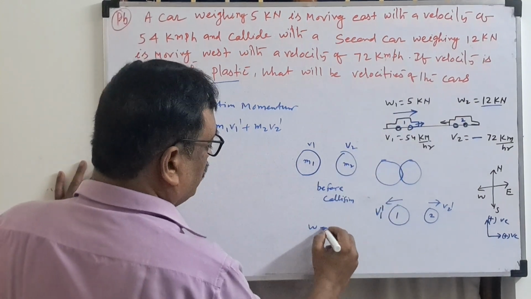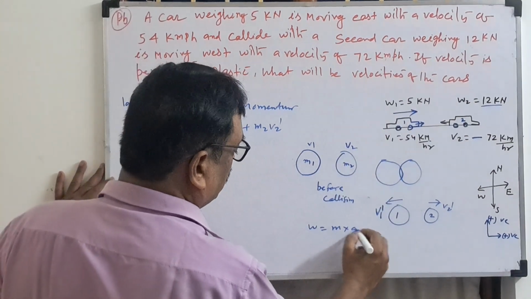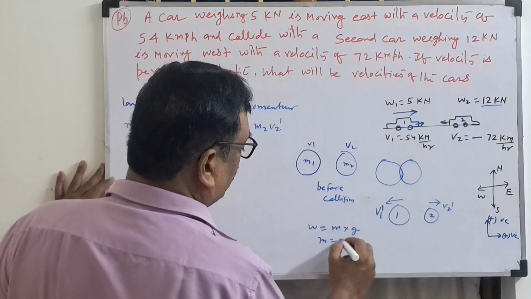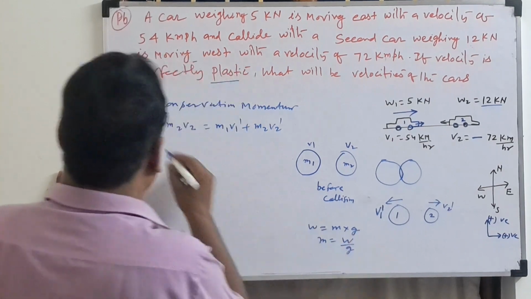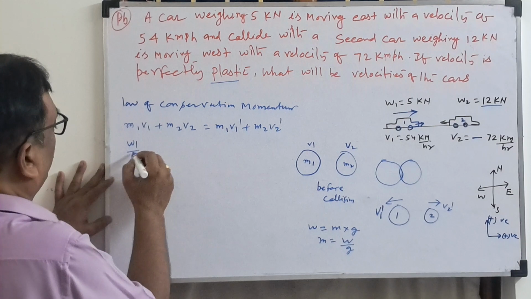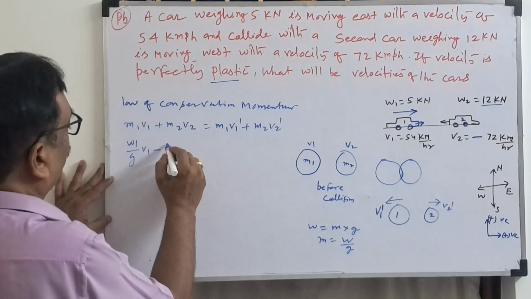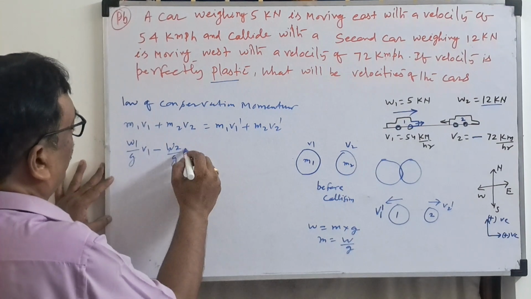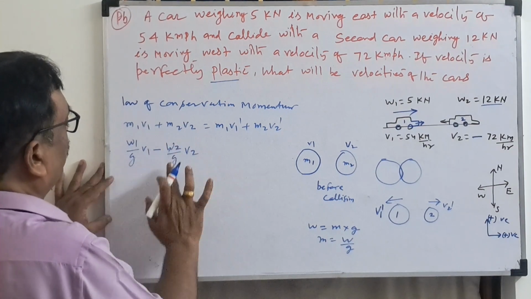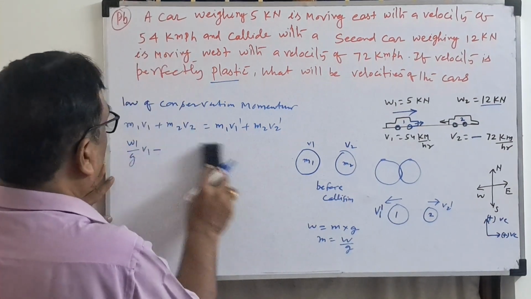Weight is equal to m into g, so mass is equal to w by g. So we write w1 by g times v1, minus w2 by g times v2. Why am I writing negative here?